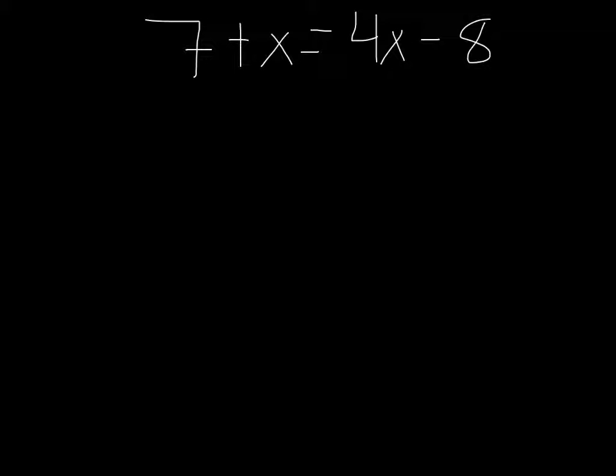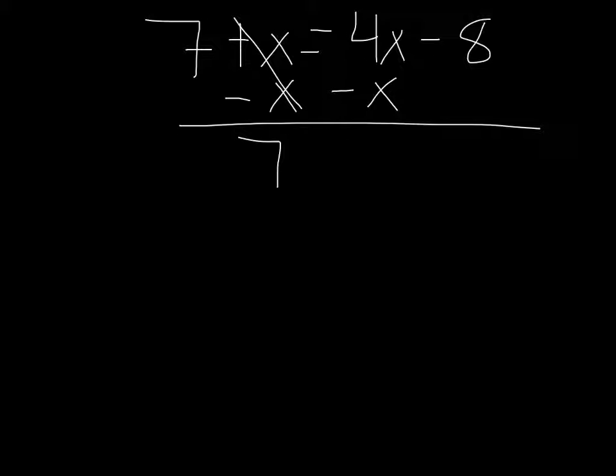Let's try an equation that's a little bit harder. Let's do 7 plus x equals 4x minus 8. To solve this by hand, we would subtract an x from both sides to get all of our x's on the same side.